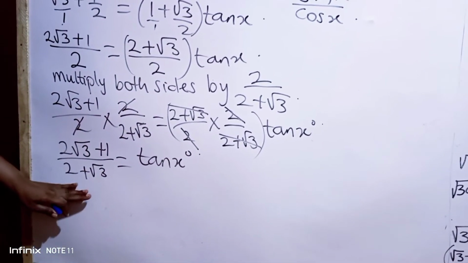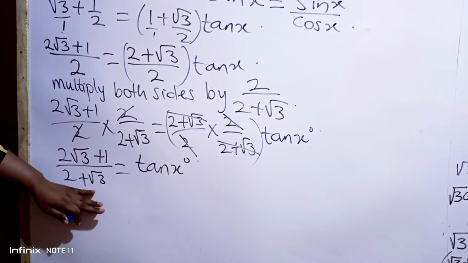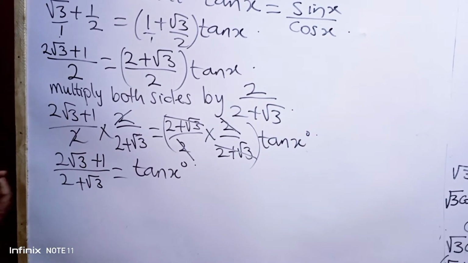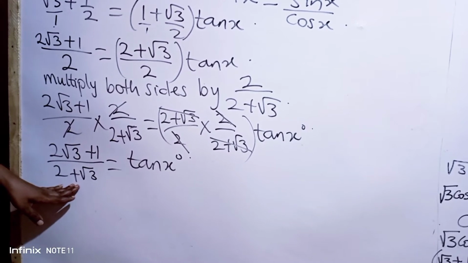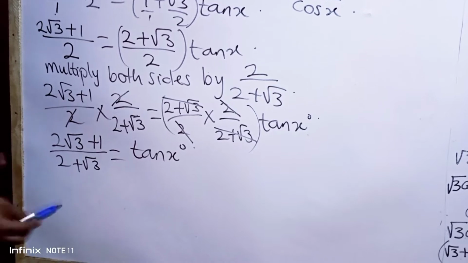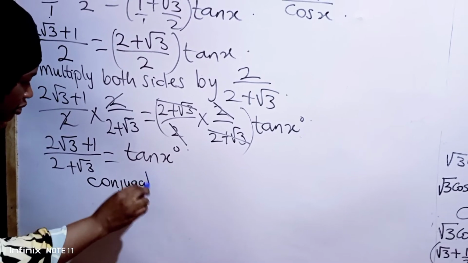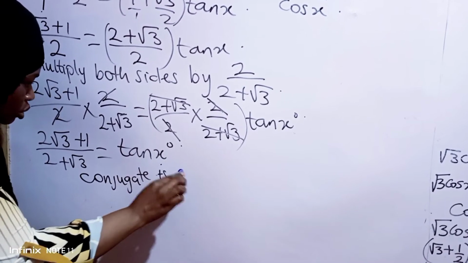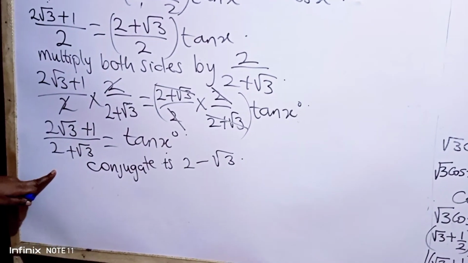Now from here, you can see that this one is in surd form. So how am I going to simplify it? I'm going to rationalize it. So I'm going to multiply both sides by the conjugate of the denominator. What is the conjugate of the denominator? The conjugate of this denominator is 2 minus √3.